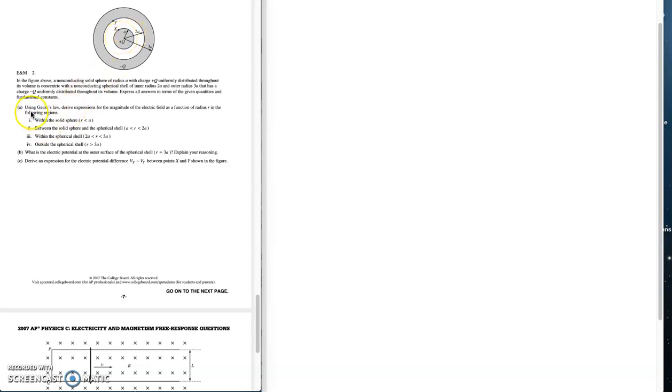All right, part A. Using Gauss's law, derive an expression for the electric field for each of the four regions. Inside, between, inside, and then outside. All right, inside we have charge spread uniformly throughout the volume. So A1: Q enclosed over epsilon naught equals the integral of E dot dA.